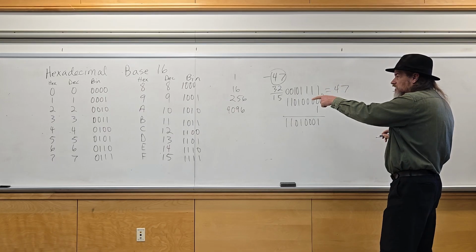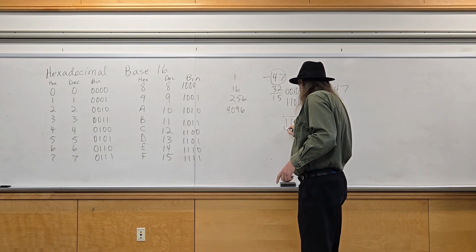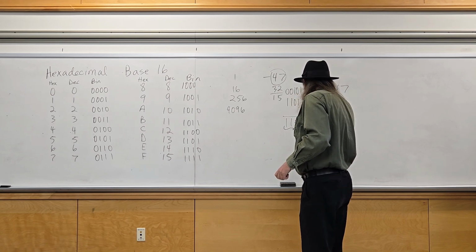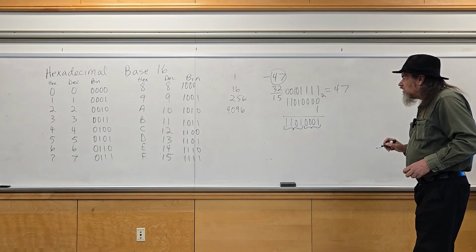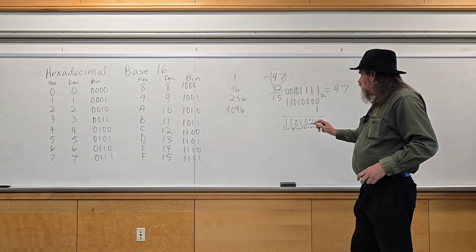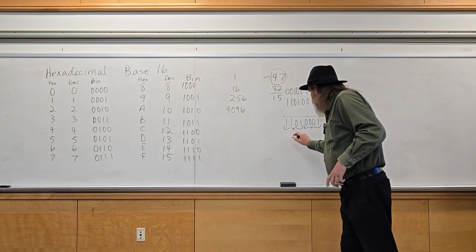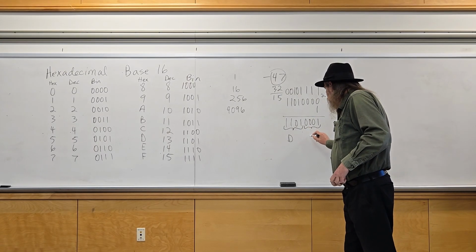Then convert it to hexadecimal because you have an even number of 4-bit groups. So 1101 is D, and 0001 is 1.